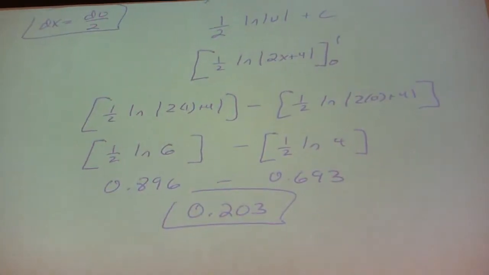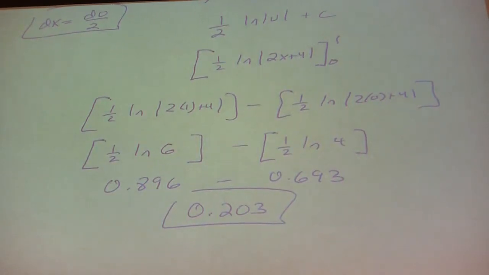What's the good news with all of these? You can check it in the calculator, okay? But if you're having problems doing 2 times 1 plus 4 is 6, or the ln, you have a calculator, it just takes practice, okay?